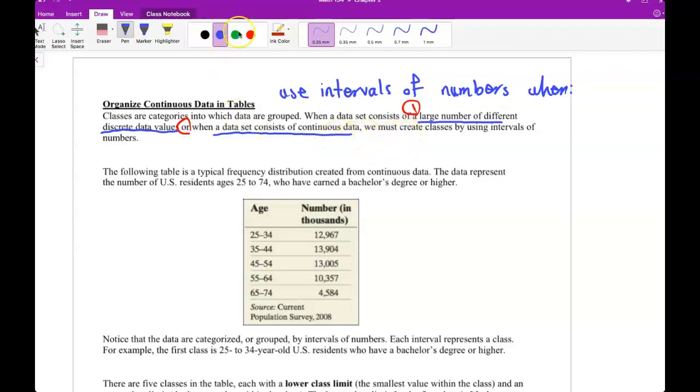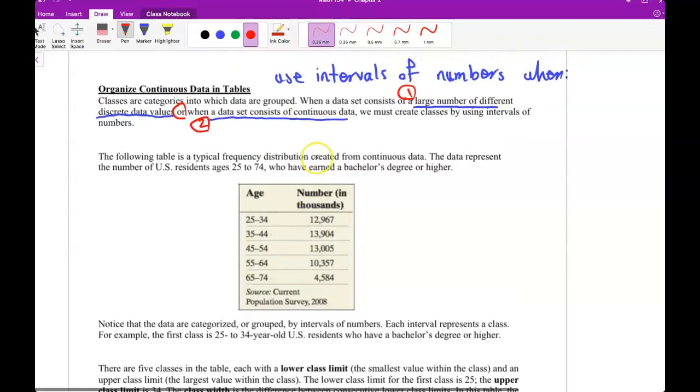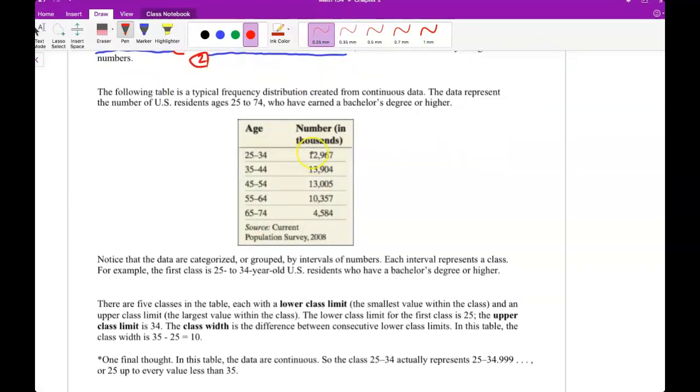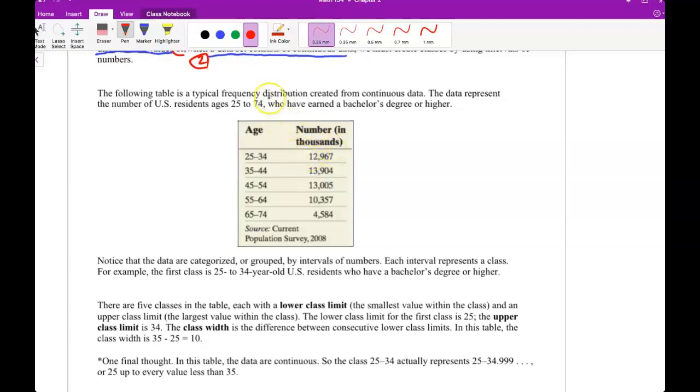We should use, so we have these two. And for this kind of data, we should use intervals. Let's see what we have here. The following table is based on frequency distribution created from continuous data.